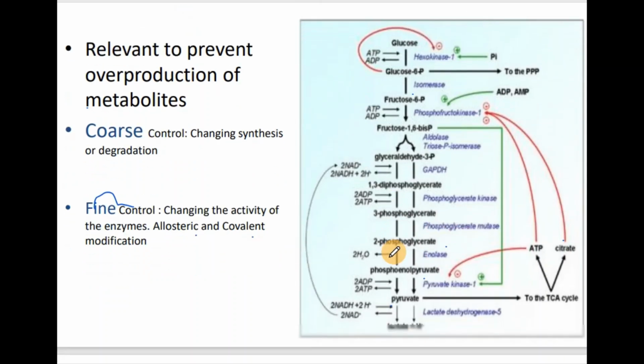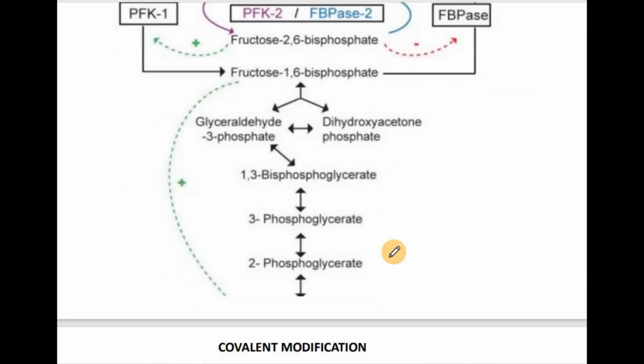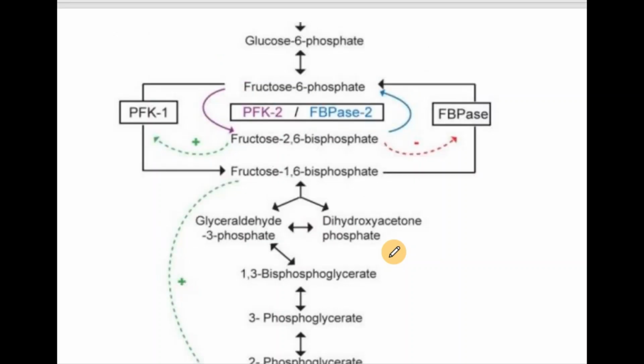Now the next thing we are going to discuss is the action of what we call bifunctional enzymes. We said earlier that PFK1 also has a feed-forward activator. It's called fructose 2,6-bisphosphate. This fructose 2,6-bisphosphate is synthesized by an enzyme called PFK2, phosphofructokinase 2.